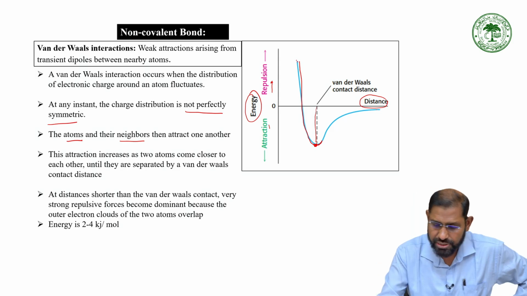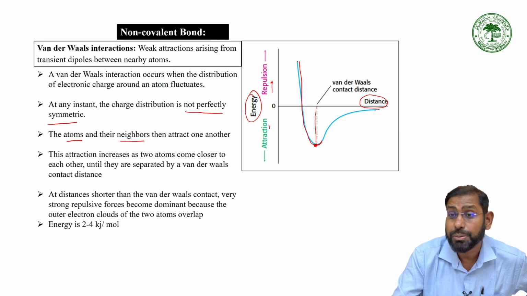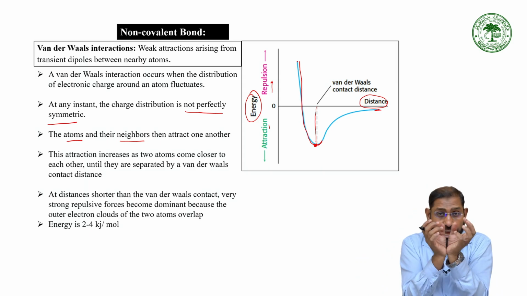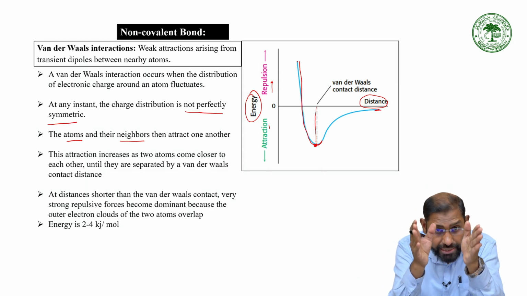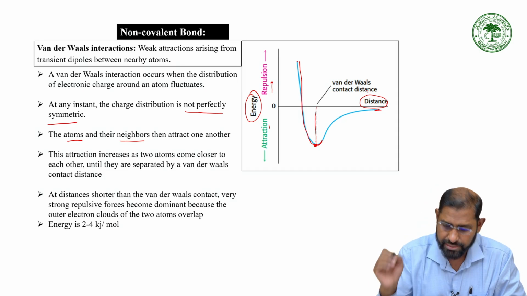Under the same conditions, if they are farther apart, there is no attraction, but there is no repulsion either. But if they come closer, they repel. So at a particular distance they are attracted, and that is called the van der Waals contact distance.